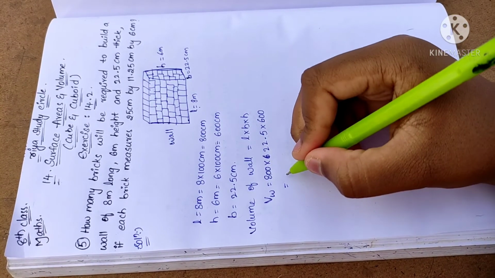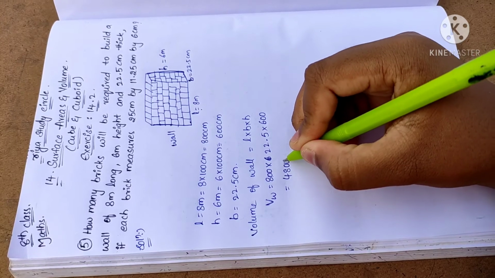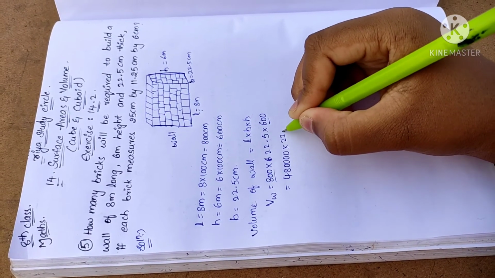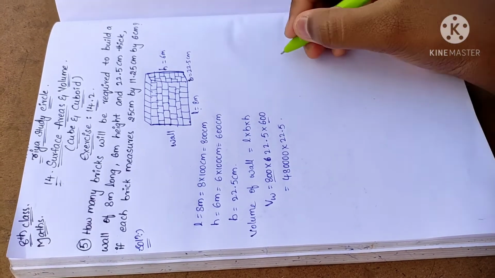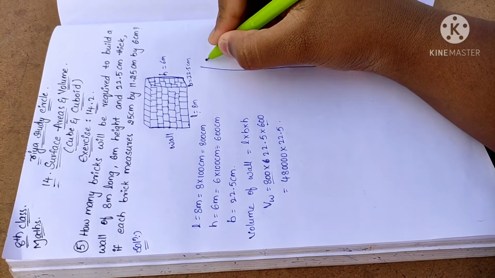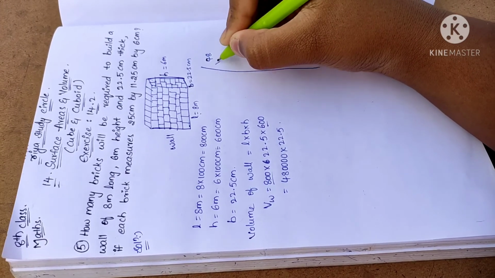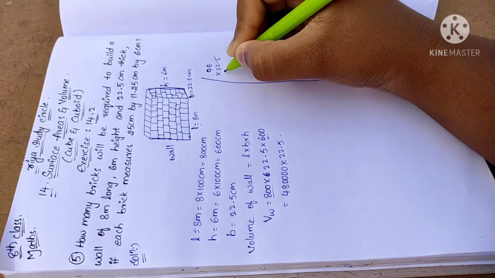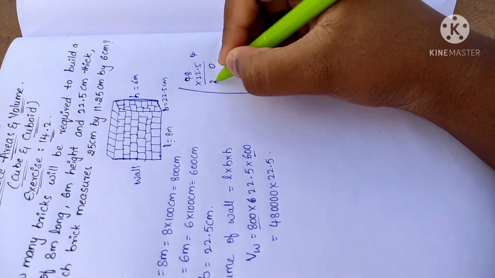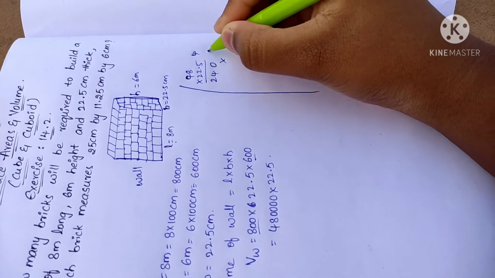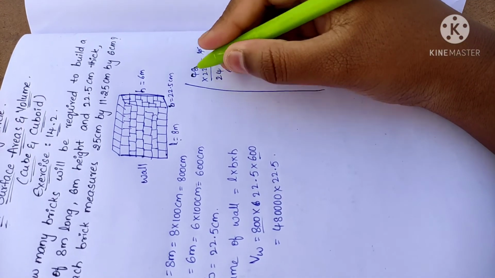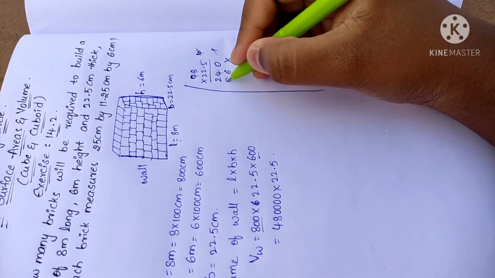So 800 into 600 means 48 and 4 zeros. 8 6s are 48, 0000 is 4 zeros, into 22.5. Here I am doing rough work. So 48 into 22.5 multiplication is: 5 8s are 40, 5 4s are 20 plus 4, 24. 2 8s are 16, 2 4s are 8 plus 1, 9.